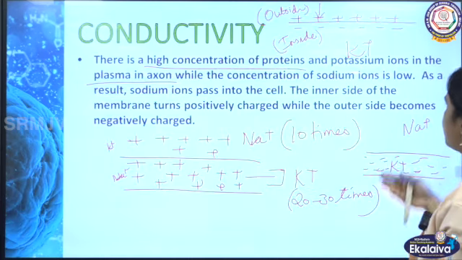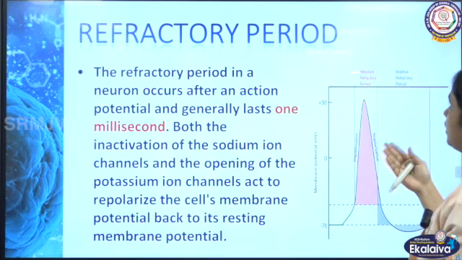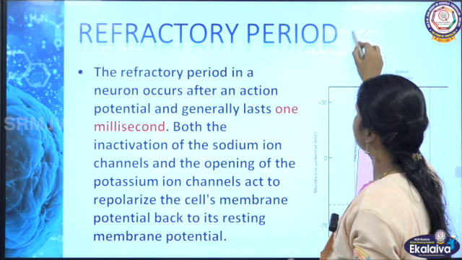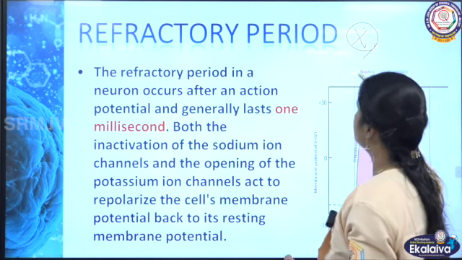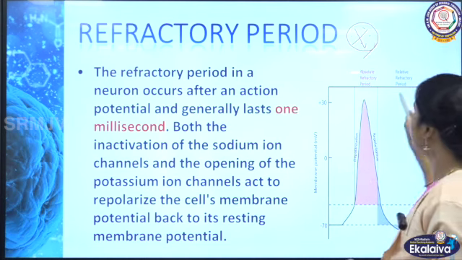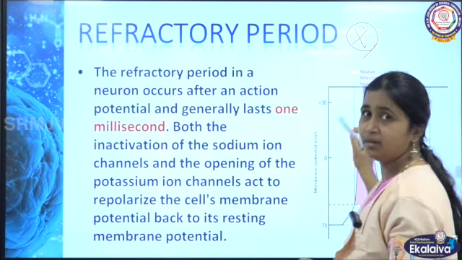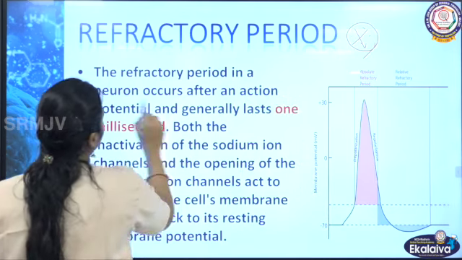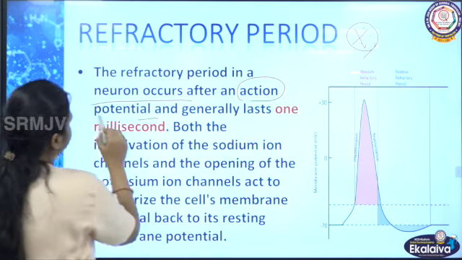We will move further. Before the last property, one more important property we will see, the refractory period. There are two types of refractory period. One is absolute refractory period, another one is relative refractory period. So what is the refractory period first of all? The refractory period in a neuron occurs after an action potential.